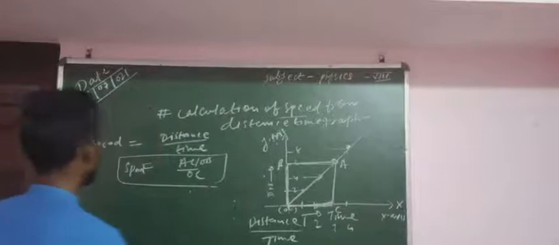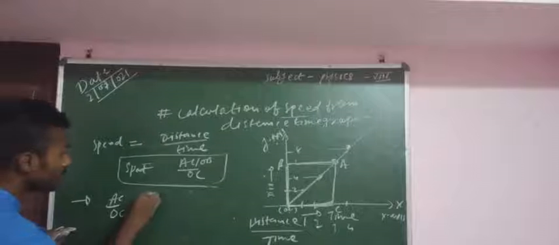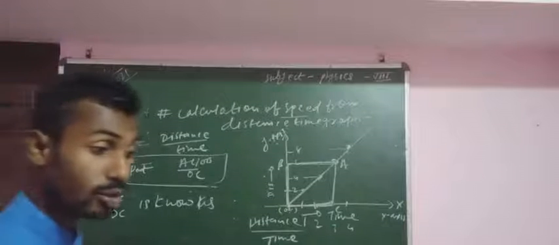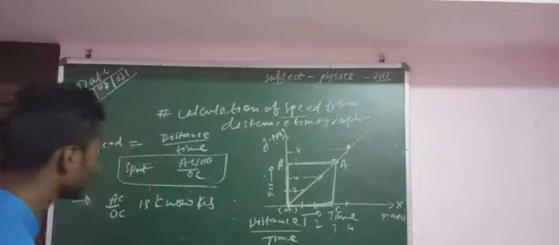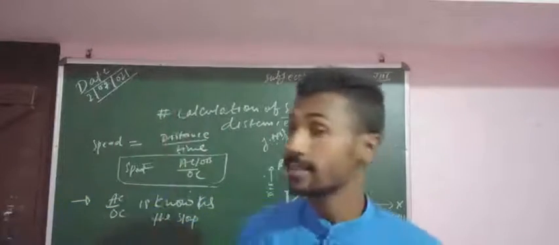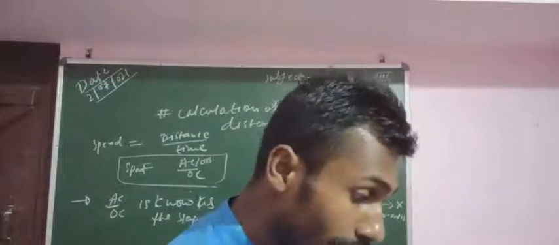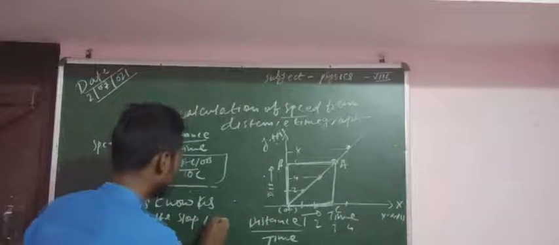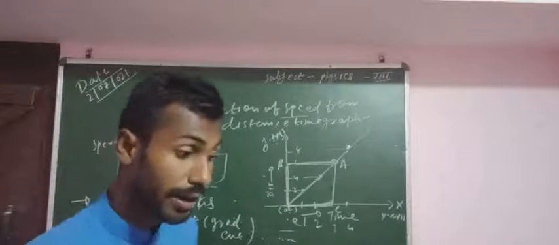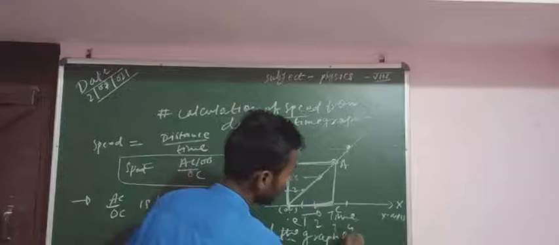The second point is that कि AC by OC is known as the slope or gradient of the graph line.